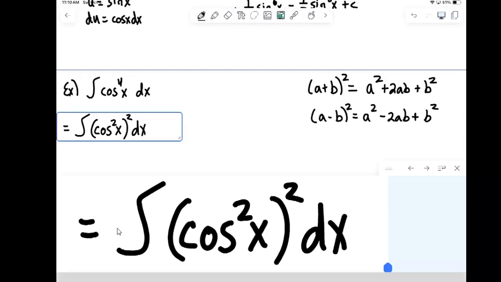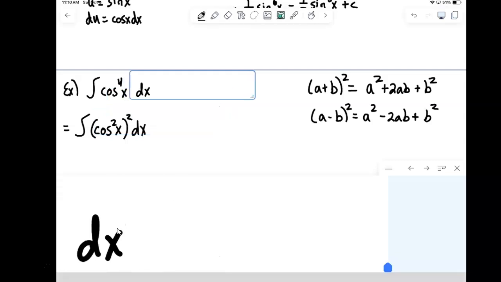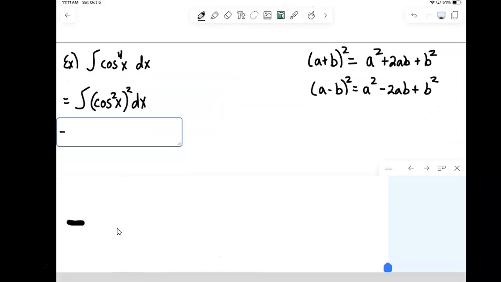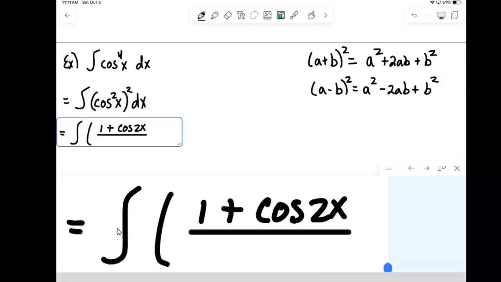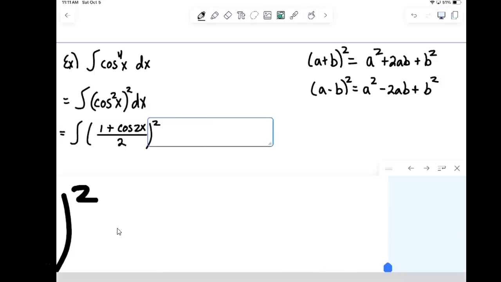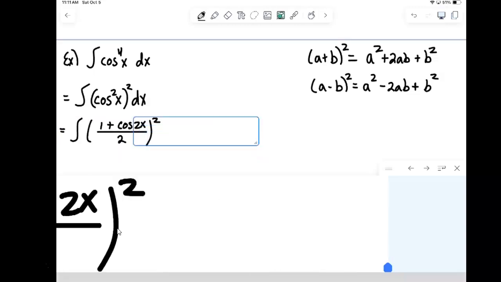And then I can apply the substitution that I just mentioned up above, that the square of a cosine is 1 plus cosine of the double angle, all divided by 2, quantity squared. And then I just want to multiply that out.